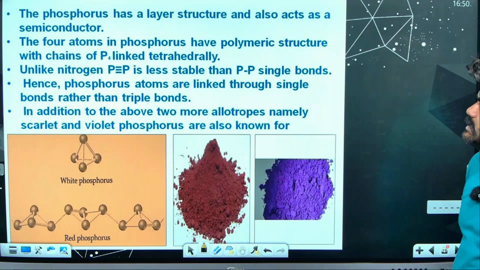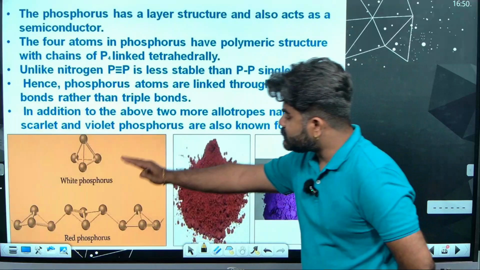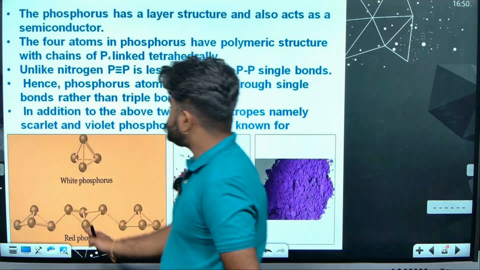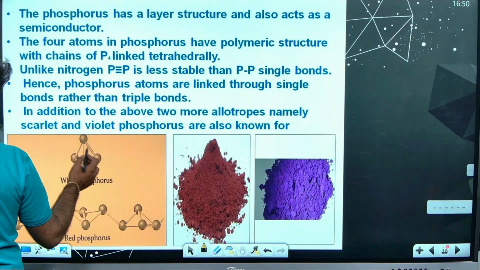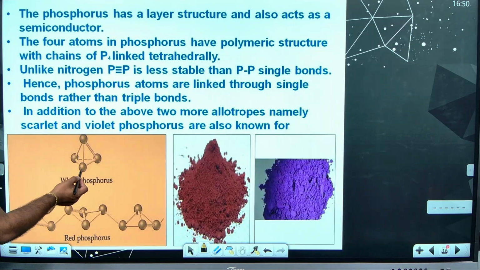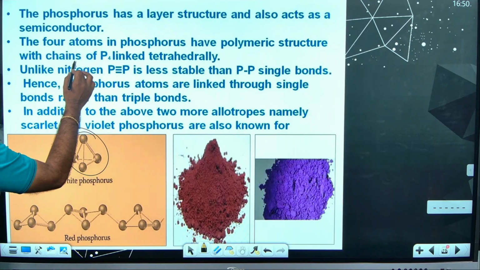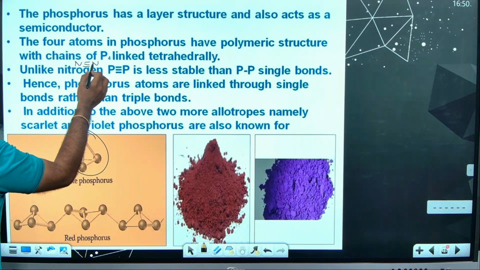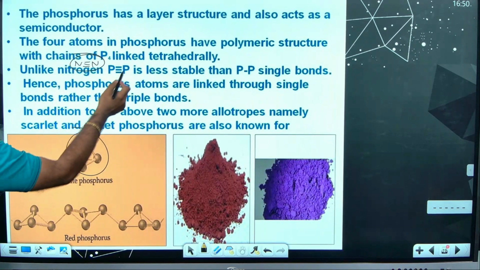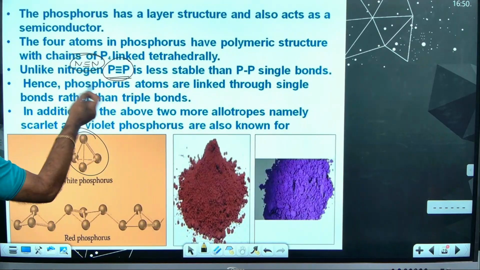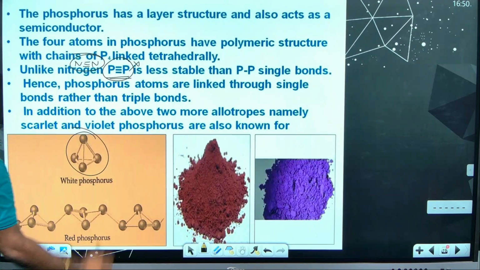The phosphorus has a layer structure. You can see that ஒரு phosphorus, white phosphorus எடுத்தீங்கன்னா, it has tetra-atomicity. That means 4 phosphorus atoms link ஆயிருக்கு ஒரு phosphorus molecule இல்லையா? And you see that unlike nitrogen, எப்படி N triple bond N form பண்ணி அது ஸ்டேபிளா இருக்கும், அது மாதிரி phosphorus P triple bond P form பண்ணி அது ஸ்டேபிளா இருக்காது.